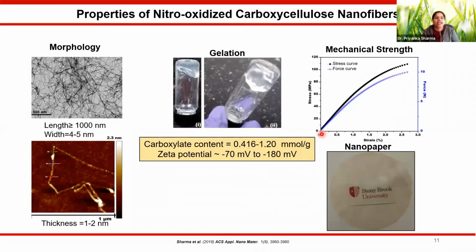These are the properties: you can see these fibers have a very high aspect ratio, and once we convert this into nanopaper, it can have very high mechanical strength. After looking at these properties, we were very sure that this is a material we can utilize for water purification, as an adsorbent, as a membrane, and so on.